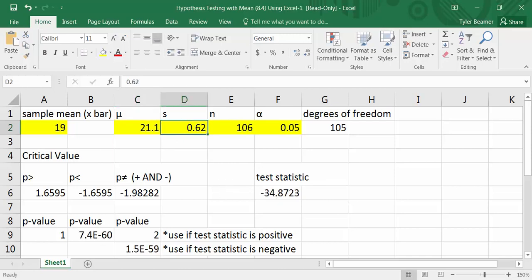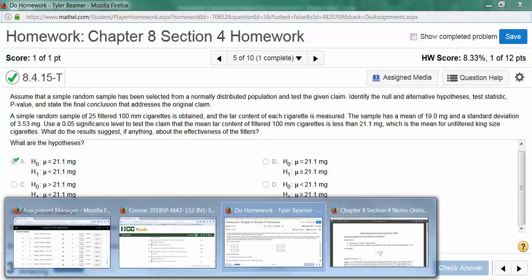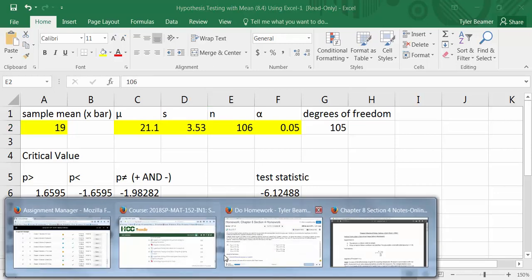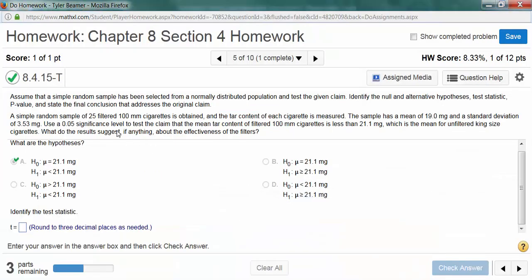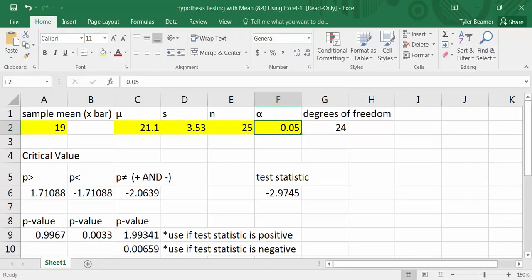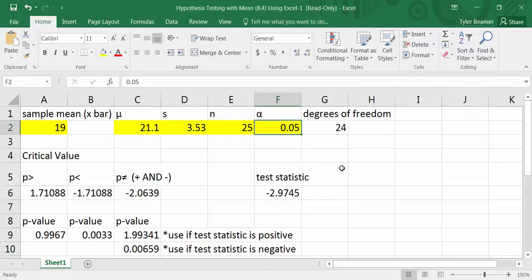S is the sample standard deviation, which was 3.53 milligrams. And N is the number of objects in our sample size. In this case, we had a sample of 25 cigarettes. Alpha is the significance level, which in this case, it says use a 0.05 significance level. So we'll keep that at 0.05.